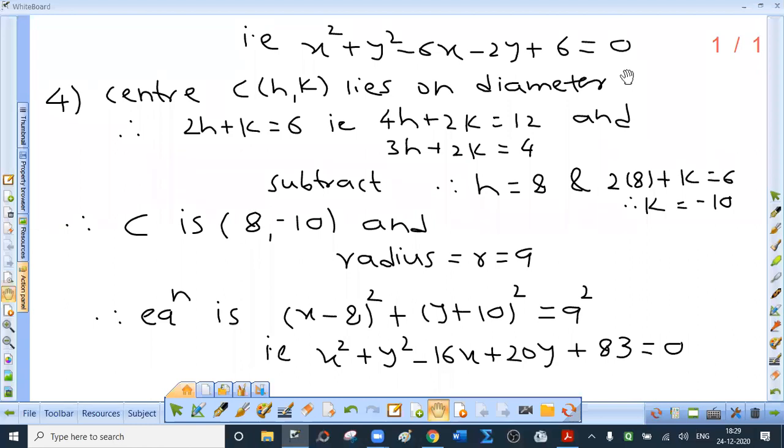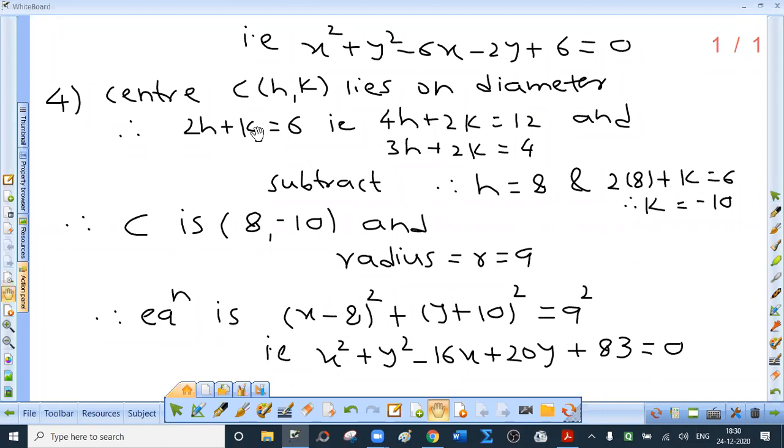Fourth one: find the equation of the circle if the equations of the two diameters are 2x plus y equal to 6 and 3x plus 2y equal to 4, when the radius of the circle is 9. See, the center lies on each of the two diameters. That is why the center is given but indirectly, and the radius is given directly. As the center lies on both the diameters, its coordinates will satisfy both equations. So the first is 2h plus k equal to 6. I have multiplied both sides by 2 because in the second equation, the coefficient of k is 2.